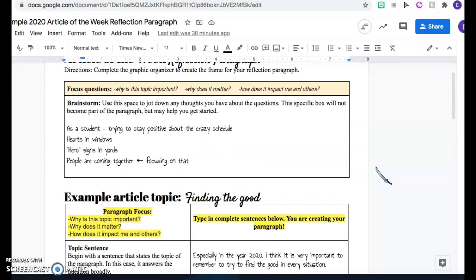You can see that this student brainstormed ideas before she started typing. So she considered the three questions and thought about why that topic might be important to her as a student, thought about examples in which she found that topic in her own life, and kind of made some conclusions.